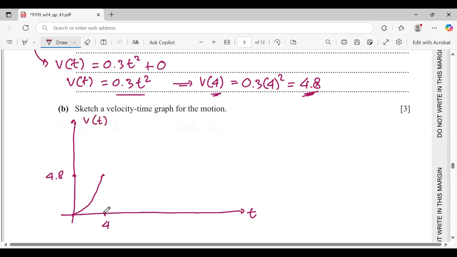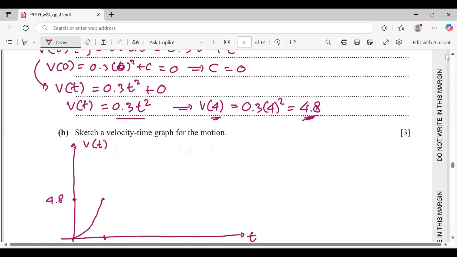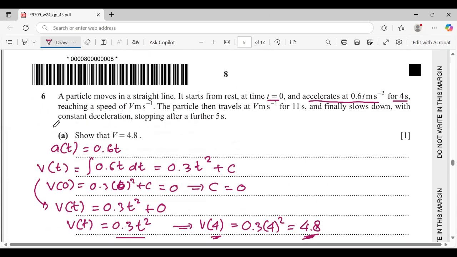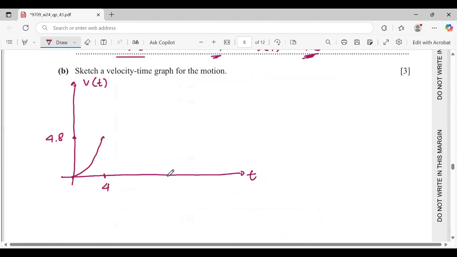Right. So this is as long as 4 seconds. After that, the speed is v meters per second, and the particle travels for 11 seconds. For 11 seconds, it means 4 plus 11, or 15. So 15 here.